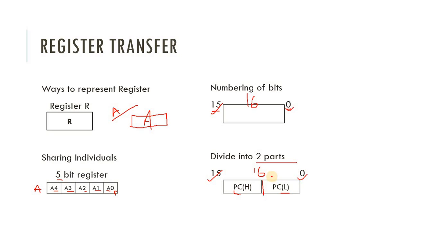Suppose 0 to 7 is the lower order bits and 8 to 15 is the higher order bits. If someone tells you this is a 16-bit register and PC of L, you can easily tell that PC of L means bits 0 to 7, the lower bits of the register. This is how we can represent the register in multiple ways.